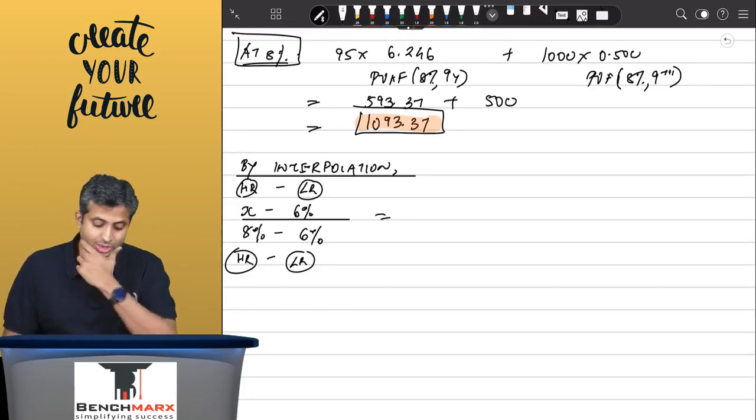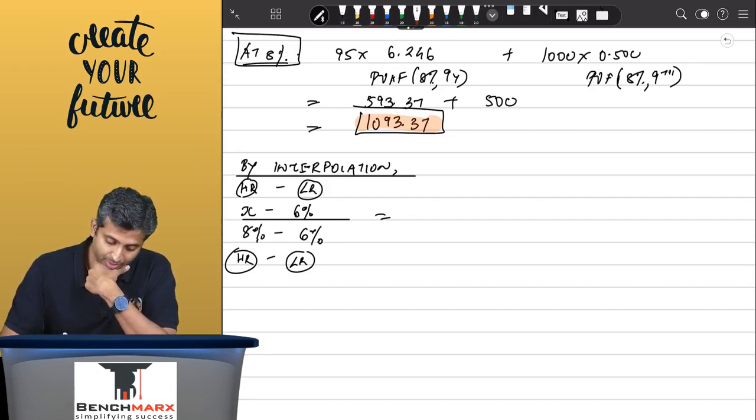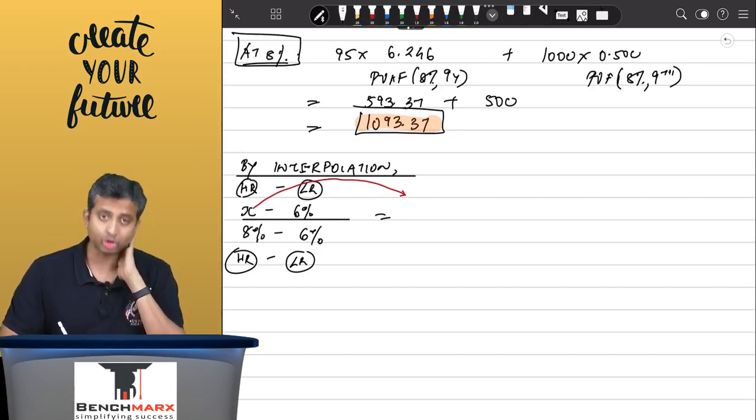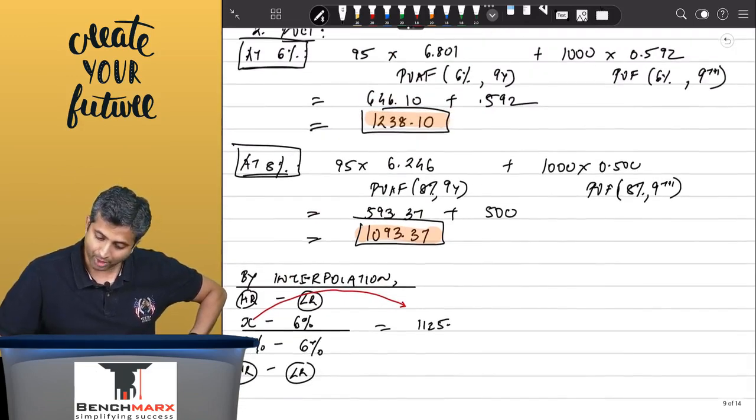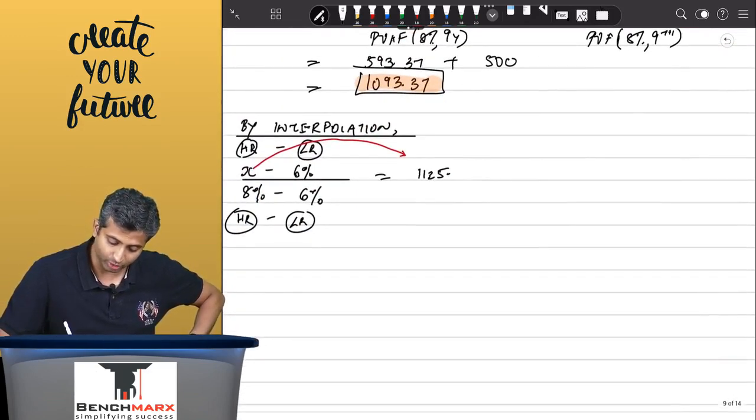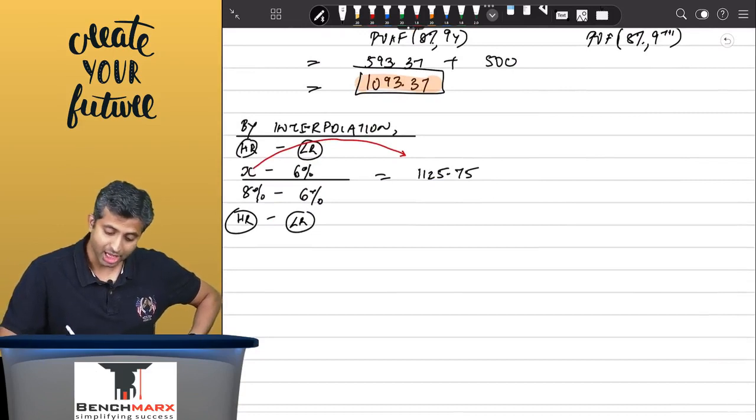Equals, on the RHS, what will you say? Well, you will take the present value factor at X. If X was the final answer, your PVCO should be equal to your PVCI, which is 1125.75. So this should have been 1125.75.